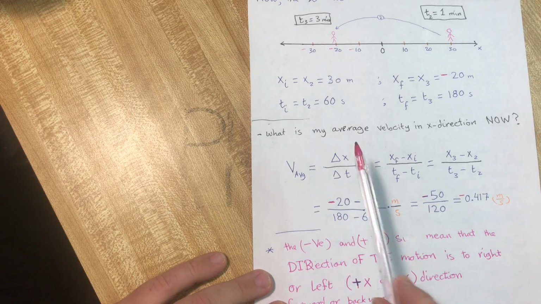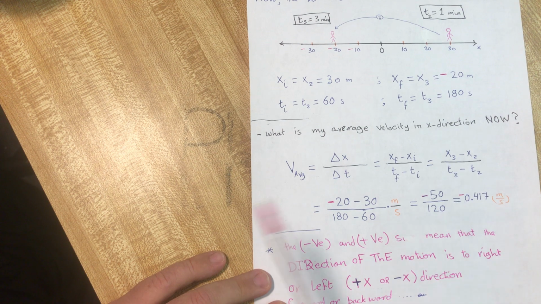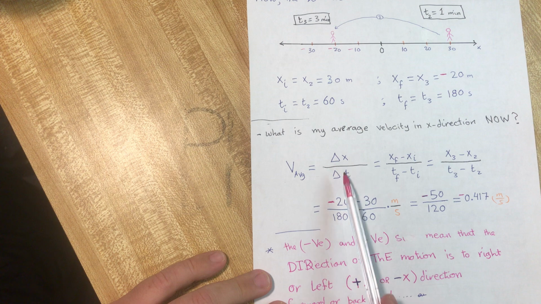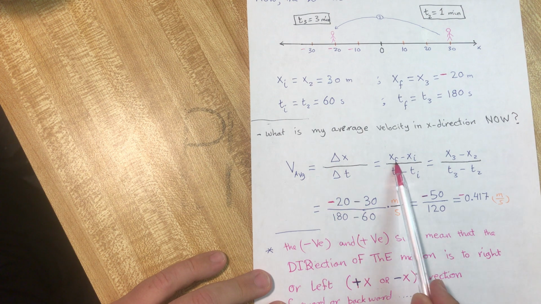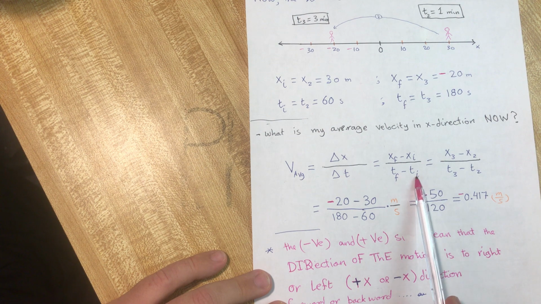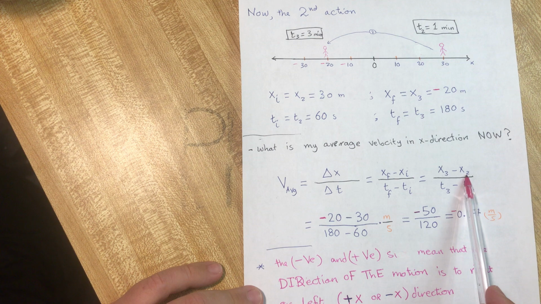So average velocity is the change in place, delta x, over the change in time, which is x final minus x initial over t final minus t initial for this stage, which is x3 minus x2, not like the first one, over t3 minus t2.